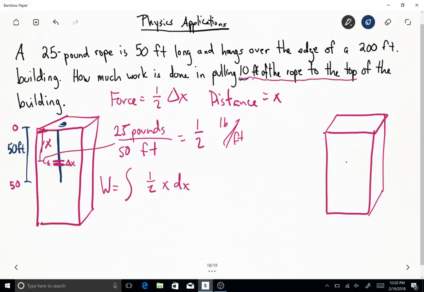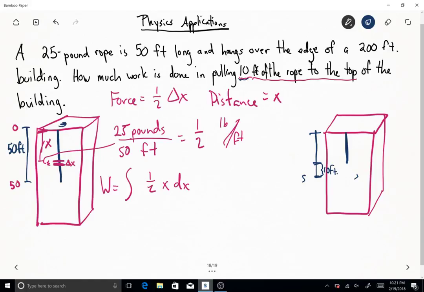Our old rope hung all the way down to here. This was 50 feet. We know that this distance here was 10 feet. So all the way down was, let me make markers here.